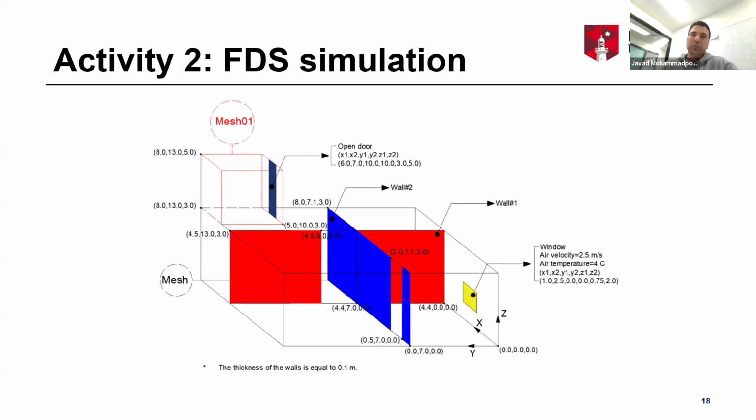Okay, I need all your attention here for this example. Please pay attention to this example. We have a building. We simplified that. We have different walls here, different bedrooms, for example, and some bedrooms have the door open.